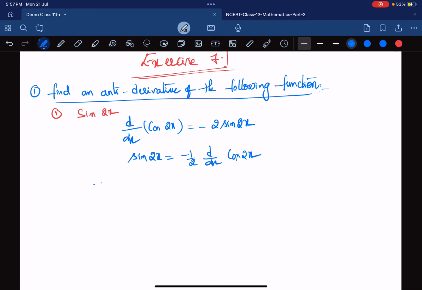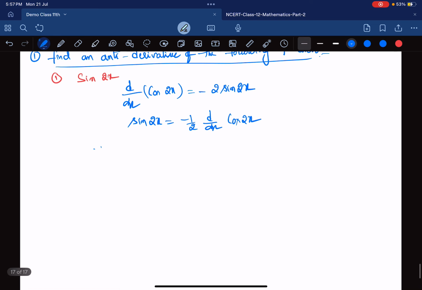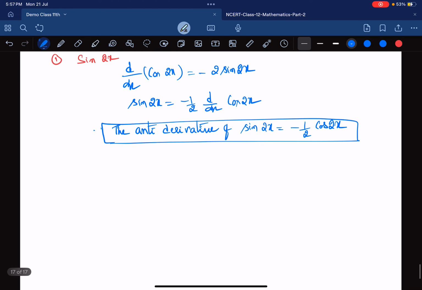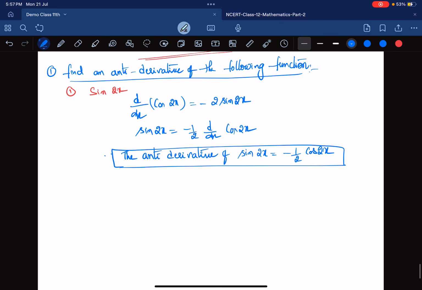Therefore the antiderivative of sin 2x is minus 1 by 2 into cos 2x. So we need to find the original function, that is the antiderivative.